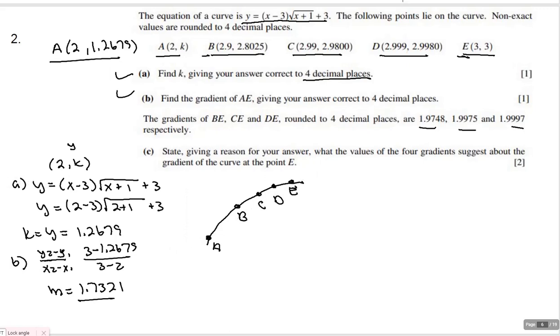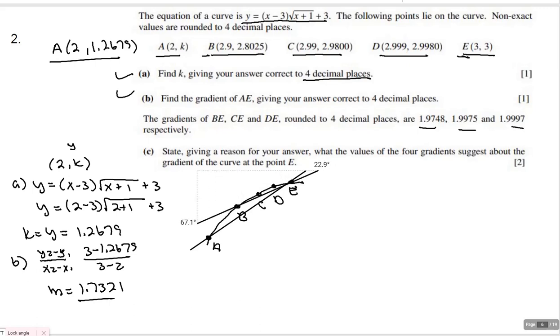If I were to find the slope between these two points, that's better. Okay, we just figured that out. That's 1.7321.